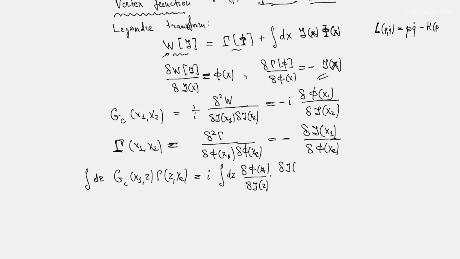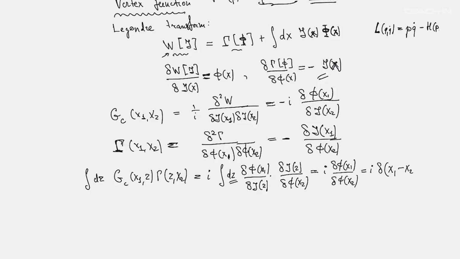An integral runs over z, and so you see what is written down here is simply i delta phi of x1 over delta phi of x2. But this is nothing else than a delta function, right? x1 minus x2.